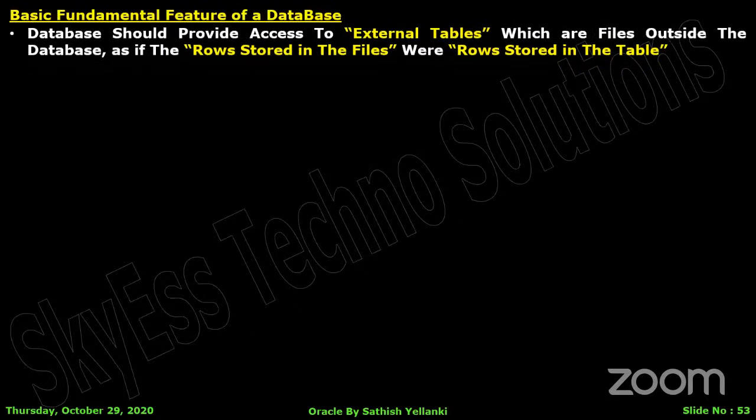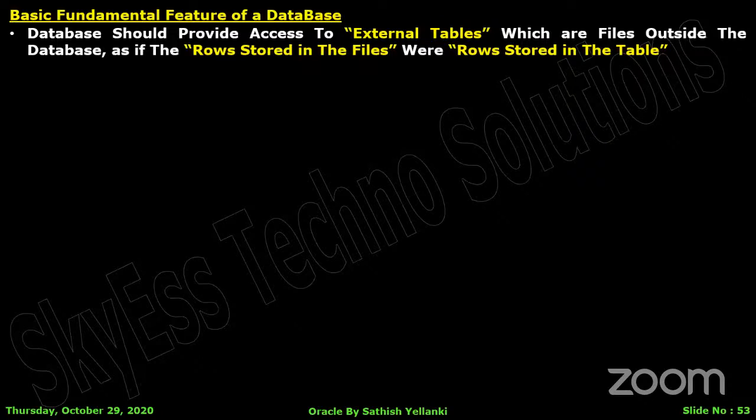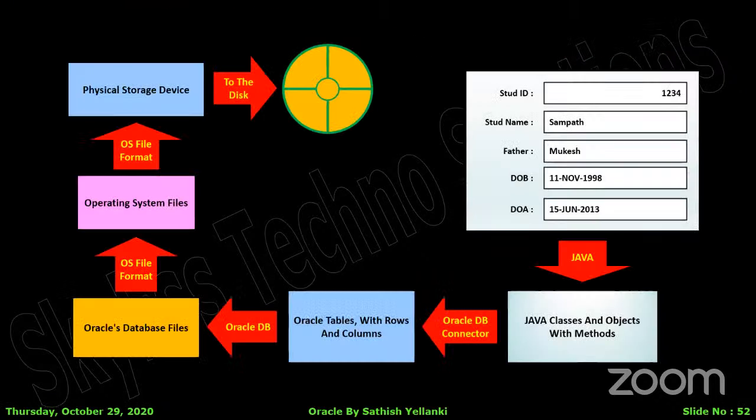Anytime you say that it's a database, your database should provide access to the external tables, which are files outside the database, as if the rows stored in the files were actually the rows stored in the tables. If you can just go back by one level and come here. Now, actually, the end user is giving the data like this. Do you agree with me?